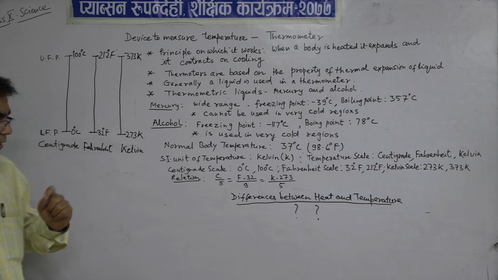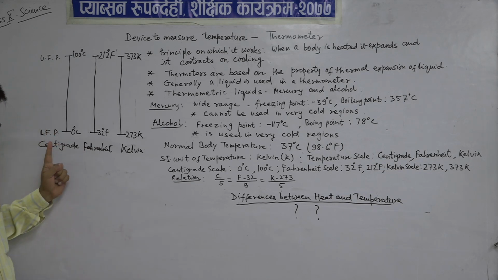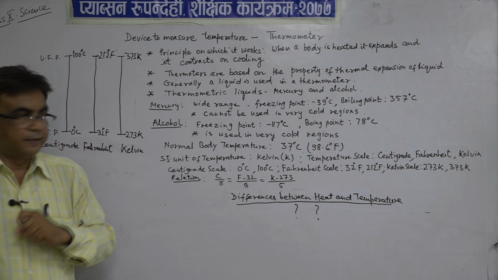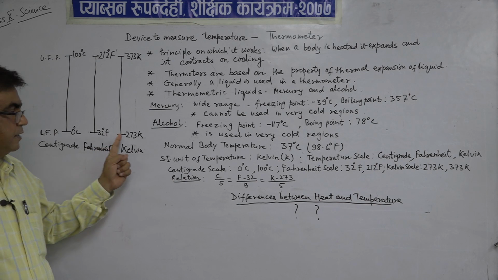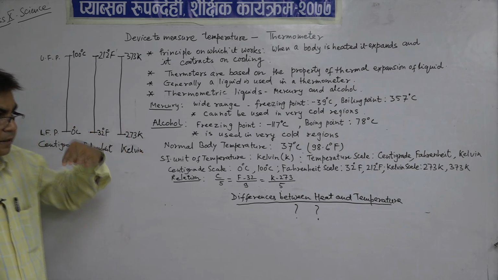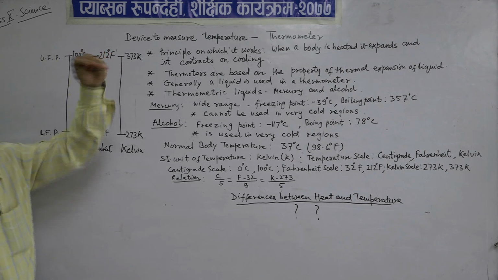So, in the centigrade scale, that is 0 degree centigrade, for the Fahrenheit scale, that is 32 degree Fahrenheit, and for the Kelvin scale, that is 273 Kelvin. Similarly, what is the upper fixed point?